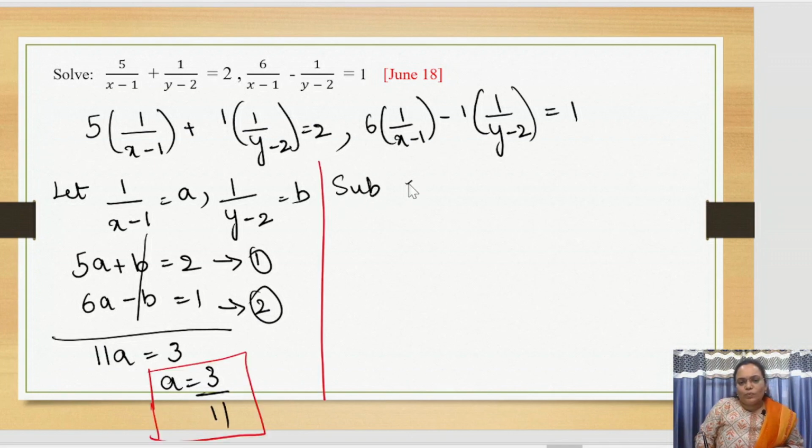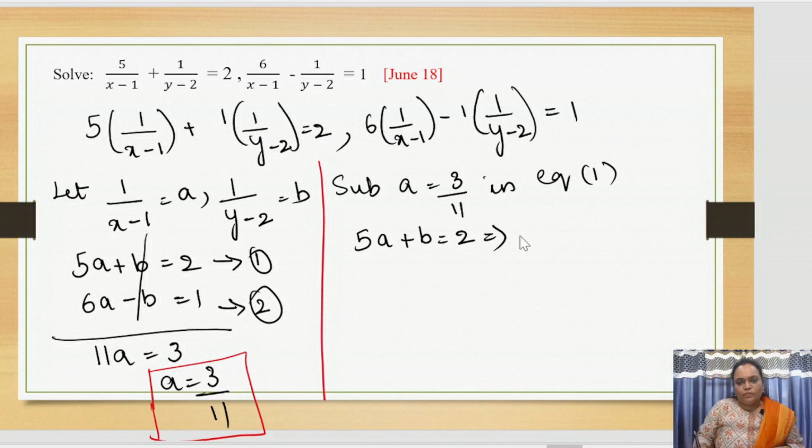Substitute a is equal to 3 by 11 in equation 1. So what is equation 1? It is 5a plus b is equal to 2, which is 5 of 3 by 11 plus b is equal to 2. You will get 15 by 11 plus b is equal to 2.